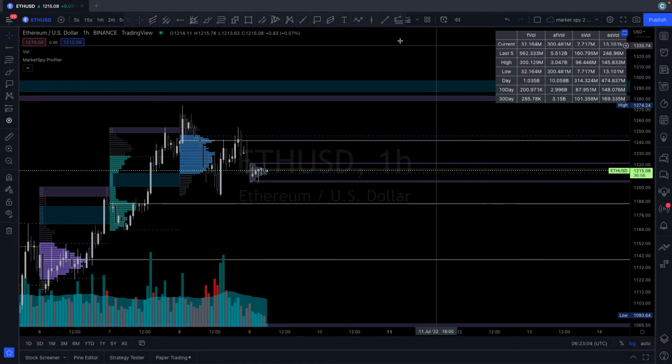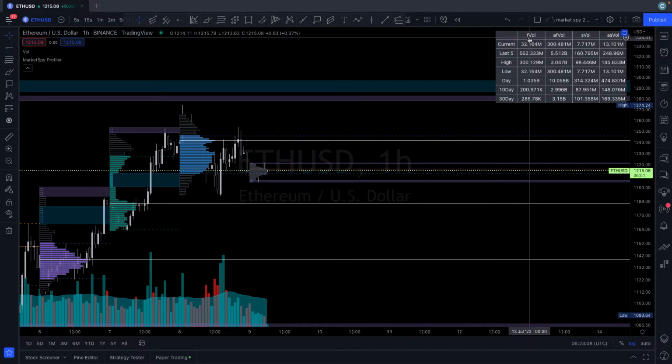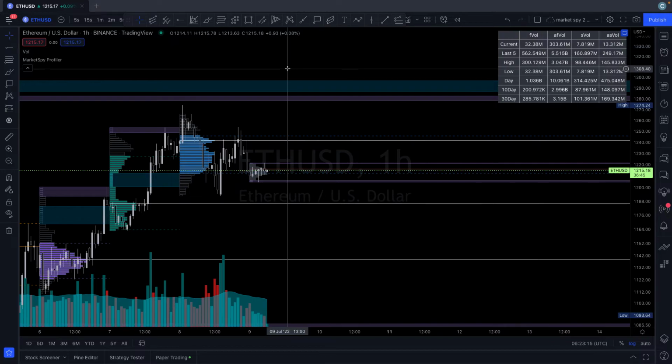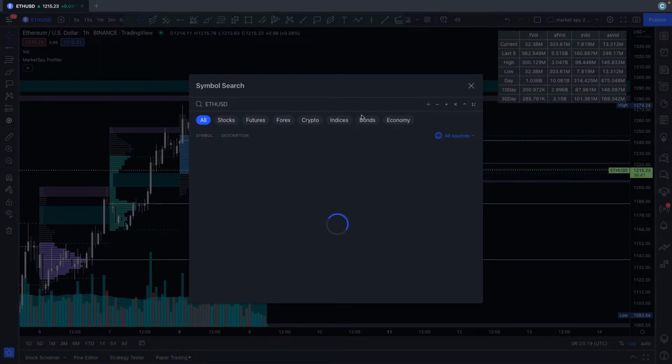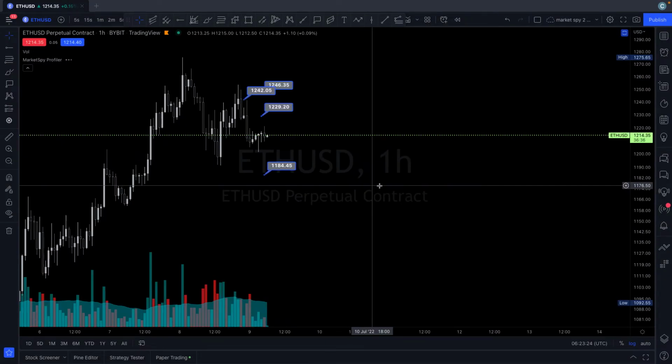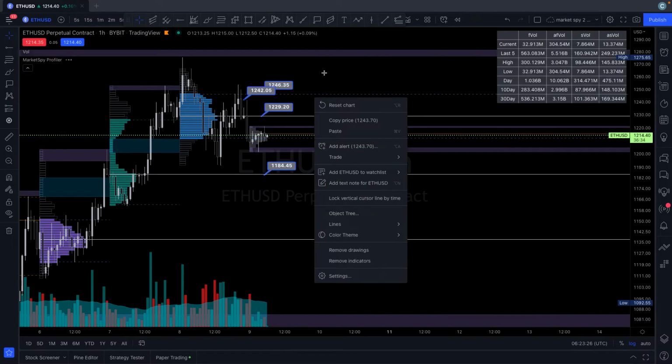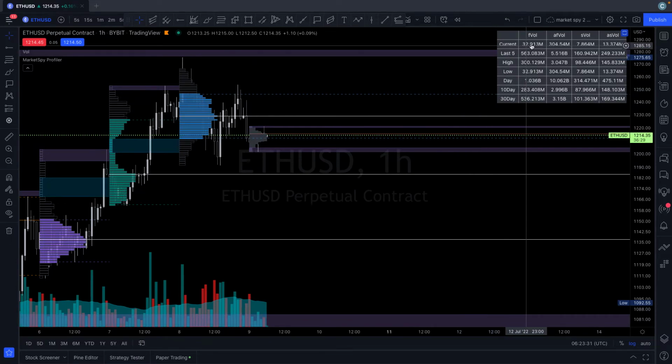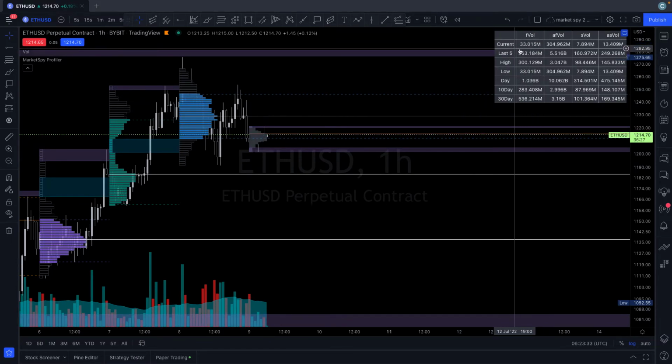What's cool about this is, right now we are on Binance. The current futures volume coming from Binance is 32.164 million. Say we switch over to BYBIT. We switch over and you can see BYBIT is only pumping in about 33 million of that futures volume.